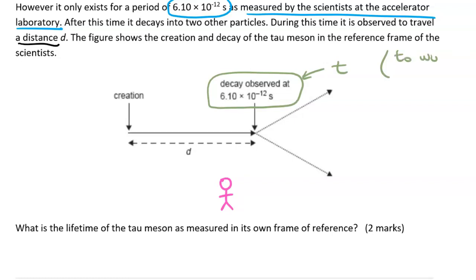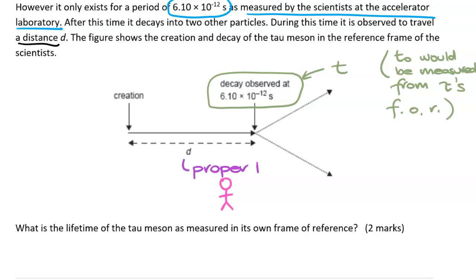T naught would be measured from tau, that's the symbol for the tau meson's, tau's frame of reference. So we can see we've got a dilated time here. That distance though, that is stationary with respect to the scientist's frame of reference. So this would be a proper length.